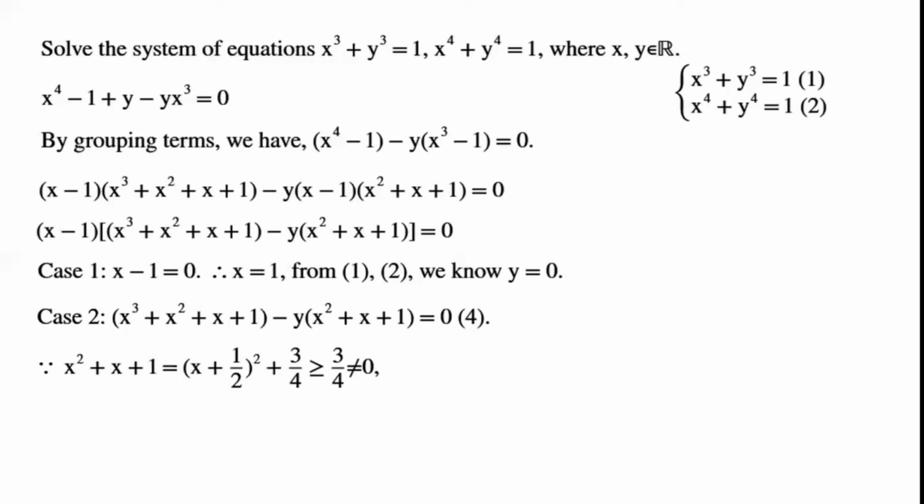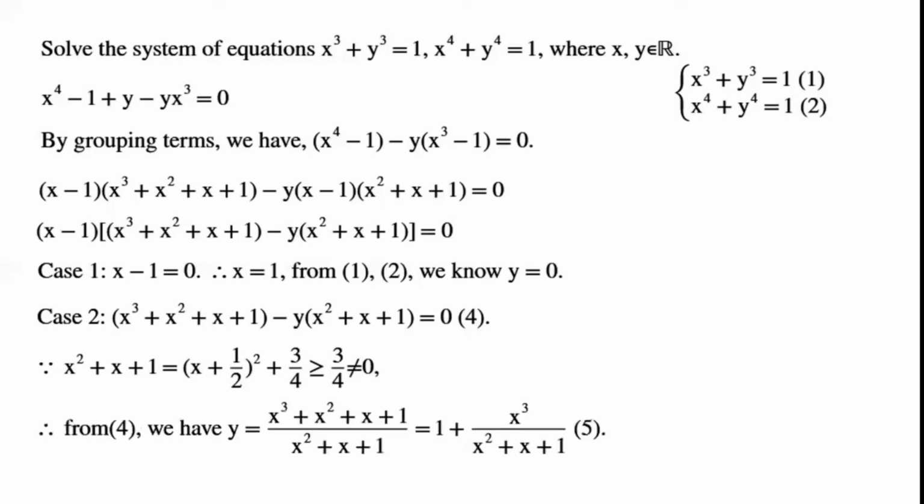Because x squared plus x plus 1 can be written as (x plus a half) all squared plus 3/4 by completing the square, (x plus a half) all squared plus 3/4 must be greater than or equal to 3/4, which doesn't equal 0.